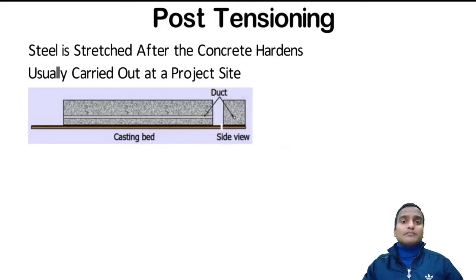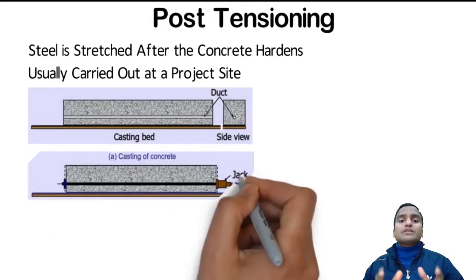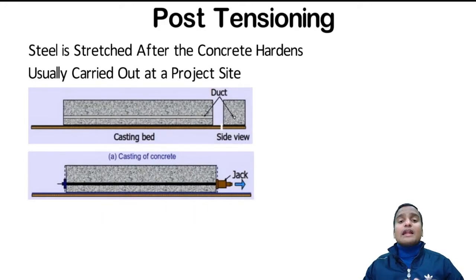Here, first of all, we cast the concrete, and in that concrete we allow a duct to pass through, and that duct is also called a sheath.